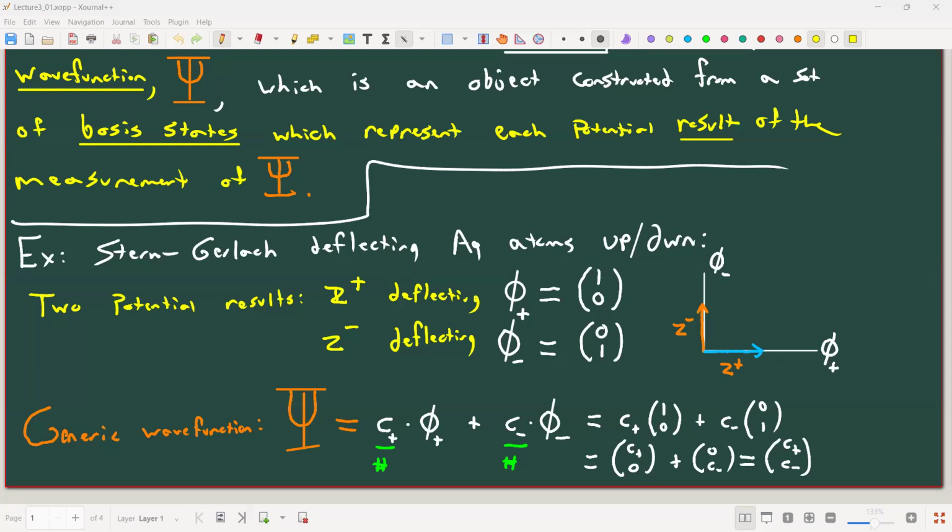So we're looking at the output and trying to peer in to understand what's going on underneath the hood. We can only do that through deduction. But there's only two possible results, up and down. So any possible result that we can see out of our experiment is some sum of the two. Okay, could be 50%, 50%, it could be 90, 10, it could be 1, 99. It doesn't matter. Any combination is acceptable.